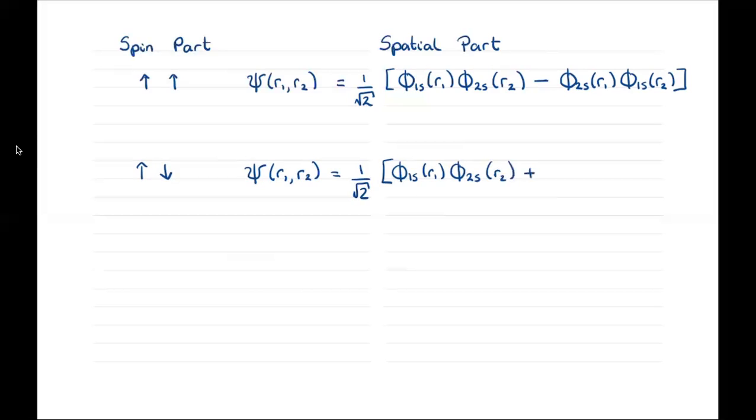But now we'll combine the exchanged combination where electron 1 is in the 2s orbital and electron 2 is in the 1s orbital, but with a plus sign. So now if I swap electron 1 with electron 2, this wave function remains unchanged. It's symmetric with respect to the exchange of electron 1 and electron 2.